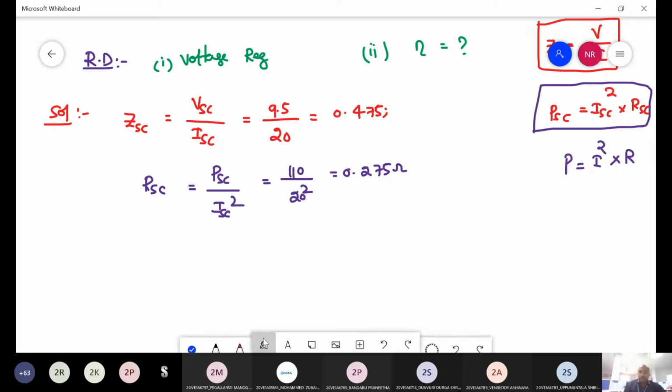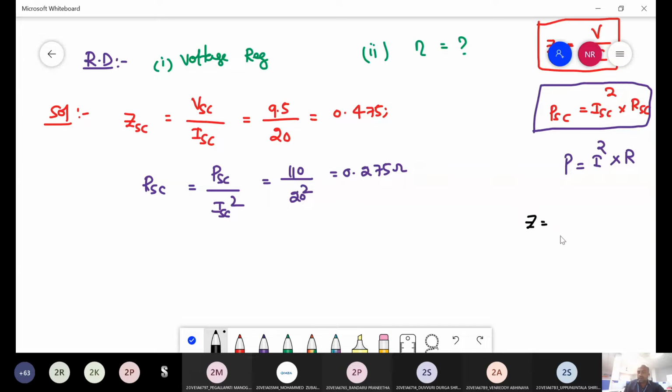Once we know ZSC and RSC, we can calculate XSC according to the standard formula Z is equal to under root of R square plus X square. So ZSC is equal to under root of RSC whole square plus XSC whole square.